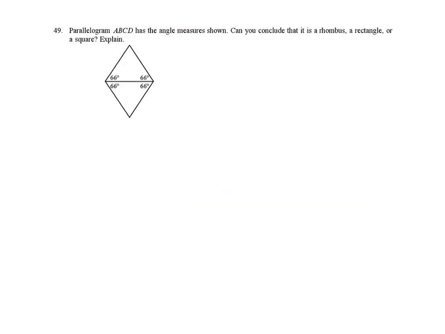Number 49 says parallelogram ABCD has the angle measures shown. Can you conclude that it is a rhombus, a rectangle, or a square? Explain. So for this one, we have a diagonal, and it cuts the angles all in half. We have 66, 66, 66, and 66. If you have a case like this, then it's going to be a rhombus.